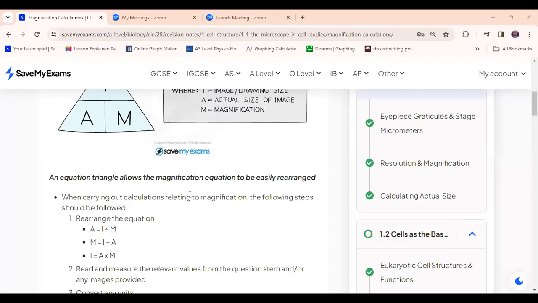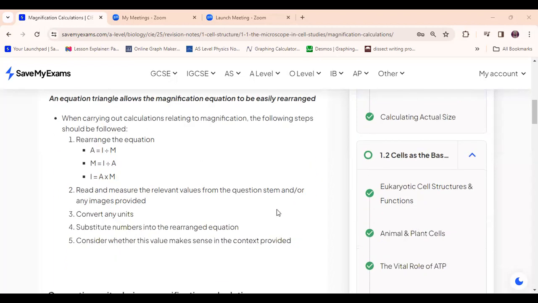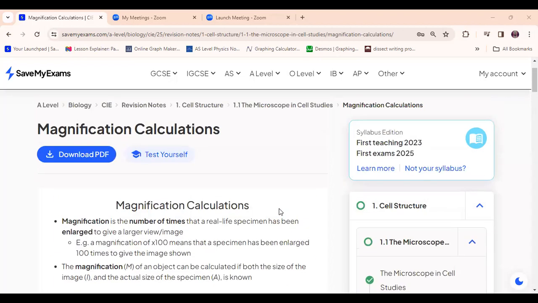So we are going to be taking a look at the chapter Cells as the Basic Unit of Life.